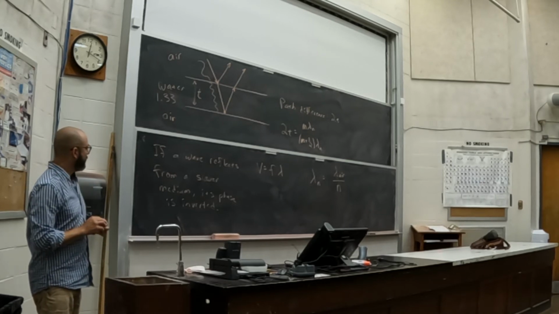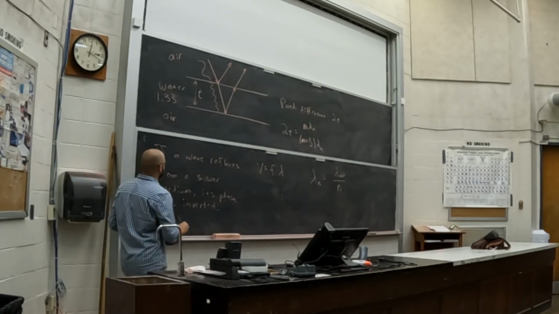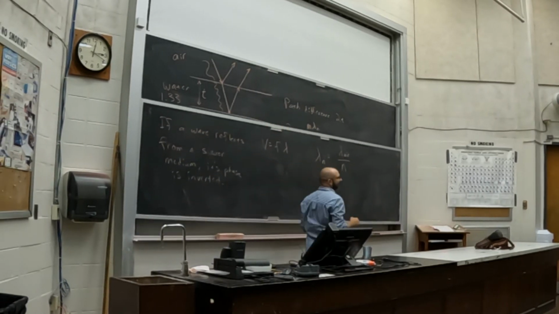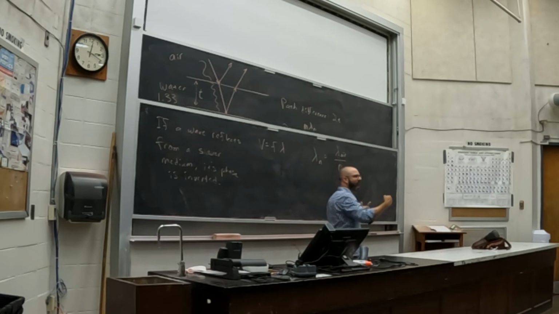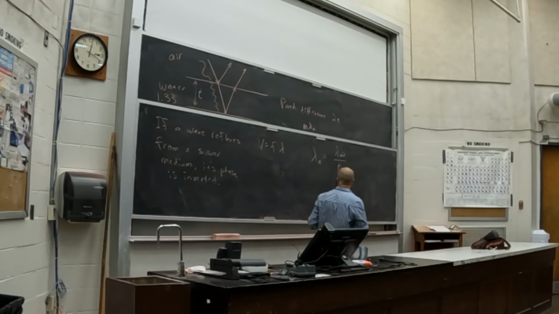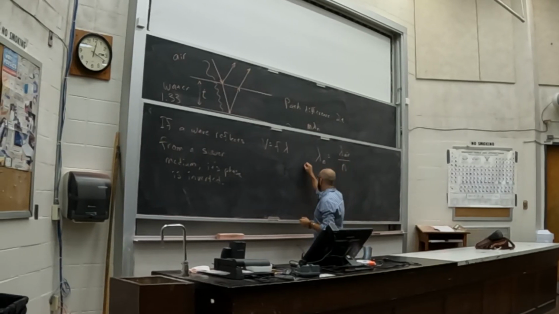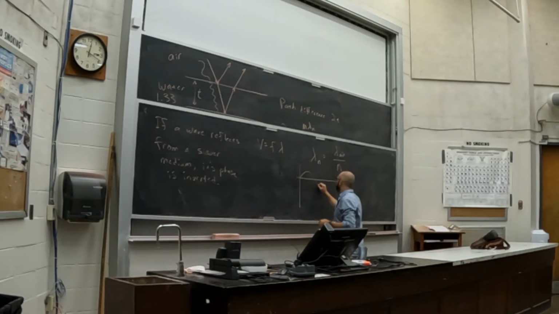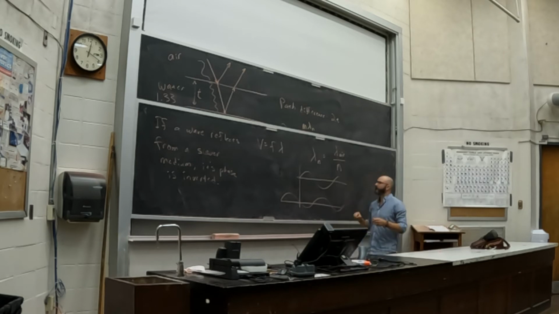To see why this is important, let's remember originally when I was drawing waves on the board and moving their sources around. I had one wave which looked like this, and then I had another wave which I started backward, back here, and instead looked like this.